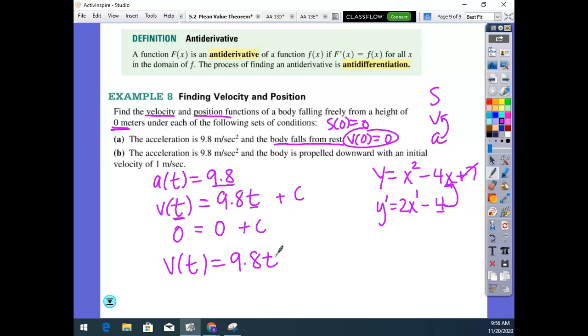All right, now I need to go one more step back to find the position. Think about when we're doing the power rule for derivatives, we multiply the exponent times the coefficient and subtract 1.